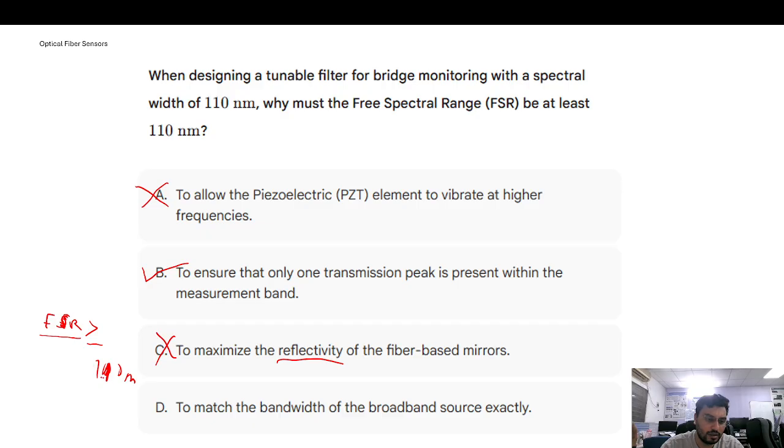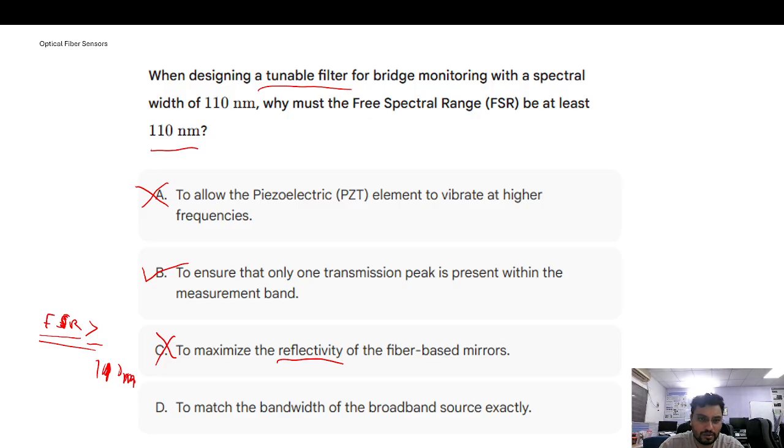If you have an FSR less than 110 nanometer, then it will create so much acoustic noise, and because of that we will not get the proper tunable filter for bridge monitoring.